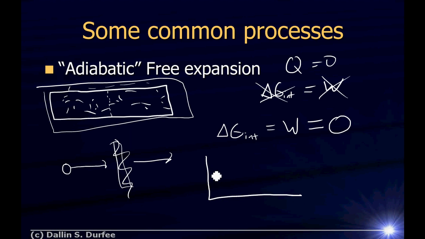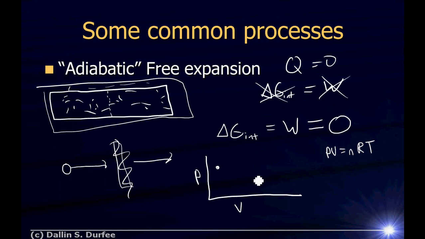How would I plot a free expansion on my PV diagram? I start at some volume, and then let's say my volume goes up by a factor of 2. There's no change in internal energy. PV equals nRT, and I told you before, the change in internal energy is proportional to the change in temperature. So in an adiabatic free expansion, the temperature doesn't change.